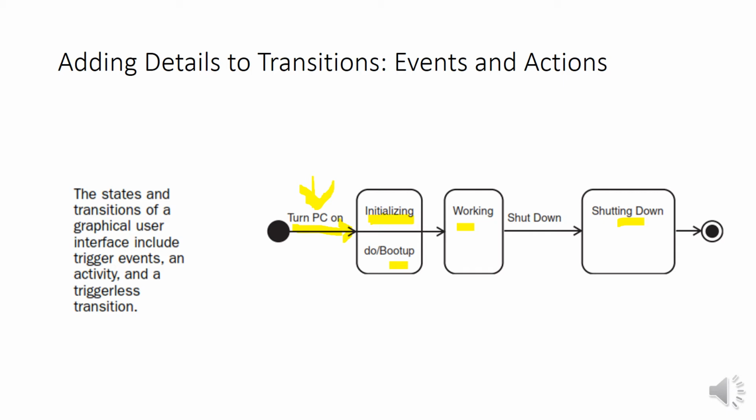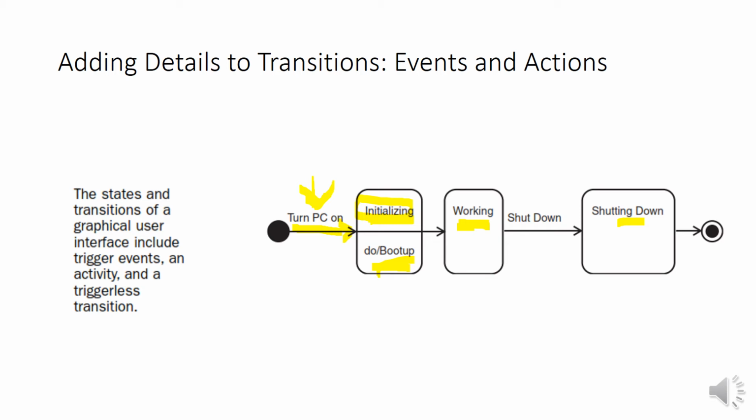And boot up is an activity that takes place during this state. Fine. So as a result of the activity in the initializing state, which is boot up, the GUI transitions into the working state.